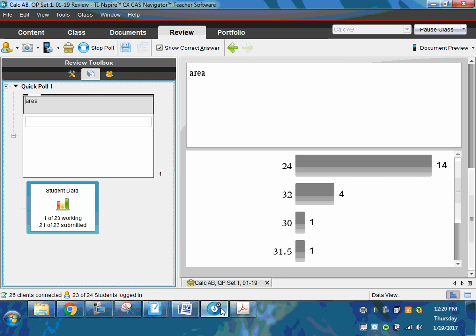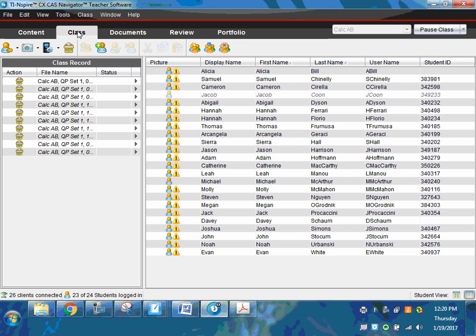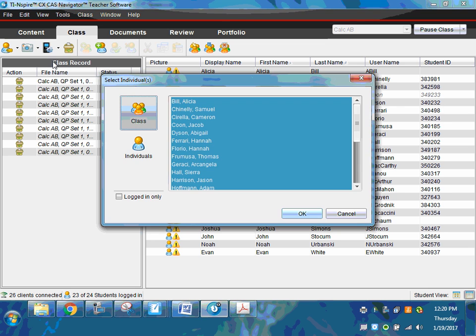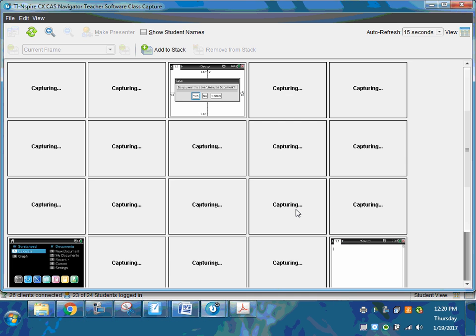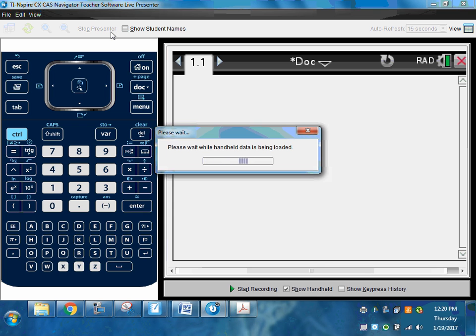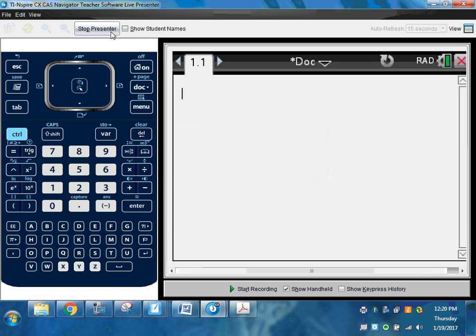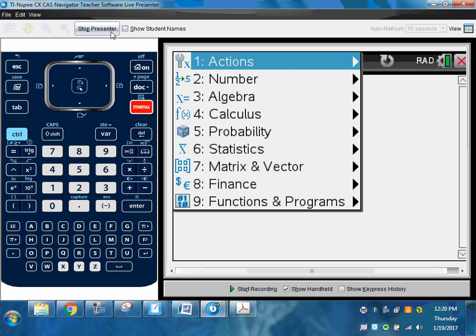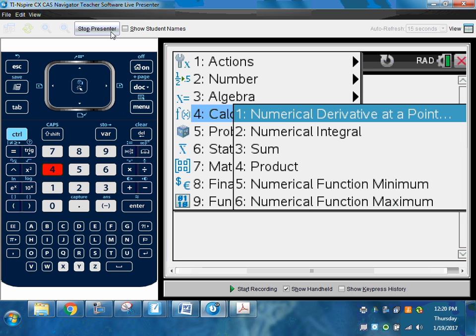Go into your working screens right now, please. Now, we're going to figure out where this is together. Make sure you're in a doc. We're going to evaluate these ones out. On the Nspire, go in and press menu, then drop down to calculus, which is 4. Which one do you think you're going to evaluate?